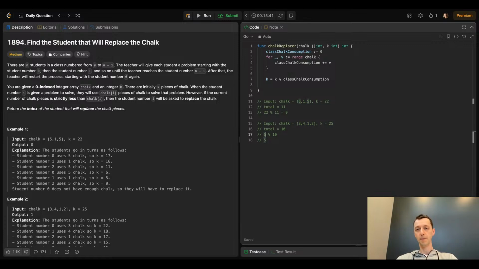So it takes care of that case as well. I mean, we could take care of that case quicker.